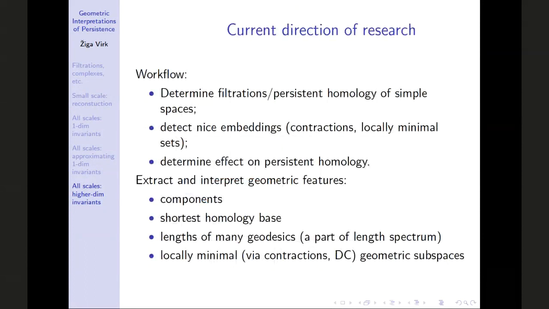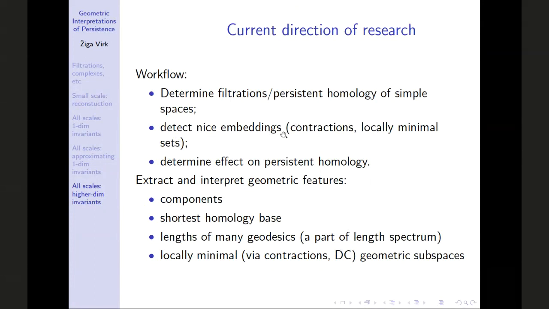Yeah. So maybe I just have, well, this is the last. This is really the last slide. This is the one slide I could usually skip. We're working on this flow that I actually presented here. First, we want to determine filtrations for persistent homology of simple spaces like Henry did for circles. Then we want to detect nice embeddings.